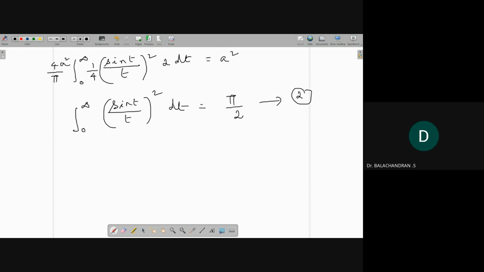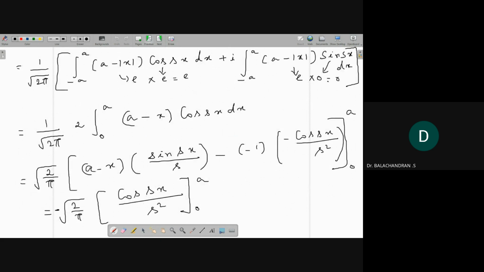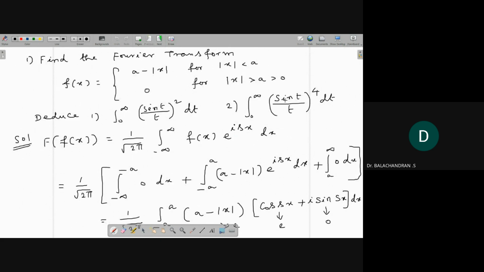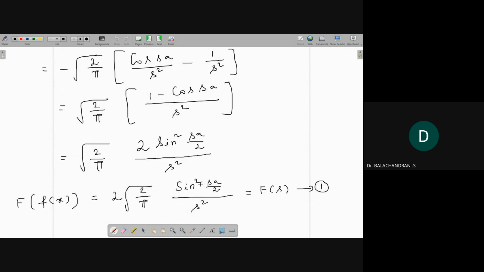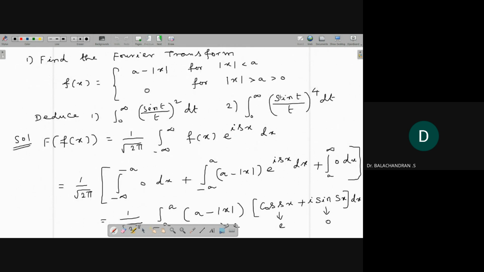Second reduction. Look again at this function f of s. In the second reduction we have power 4, but in f of s we have power square. If I square this one, then I will get this integrand, which means I need to apply Parseval's identity.